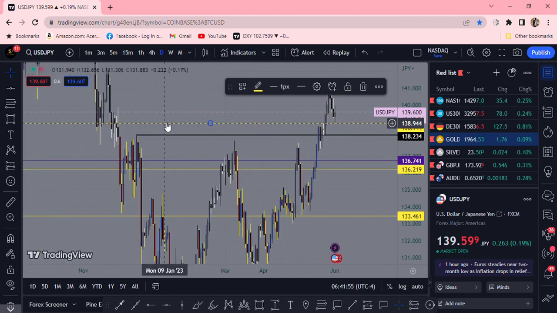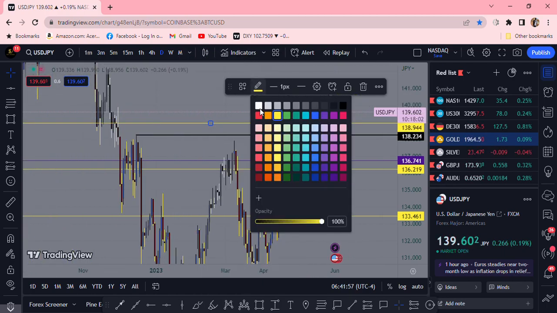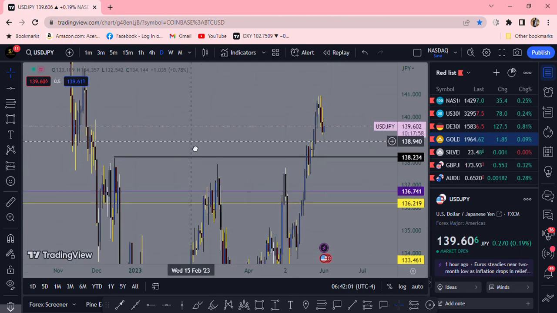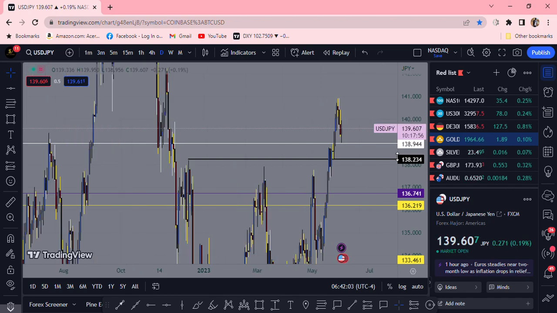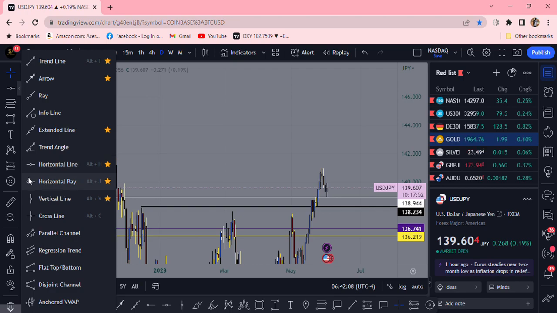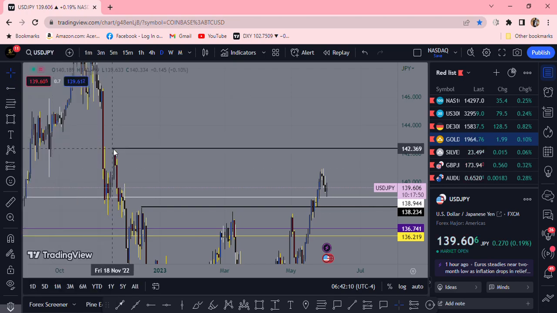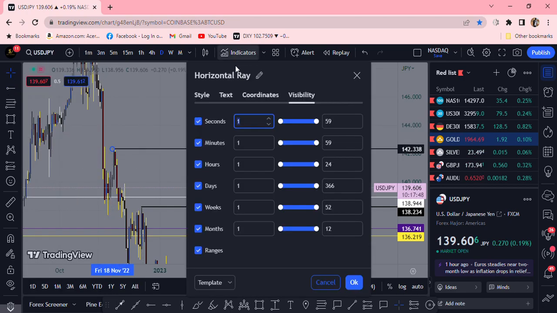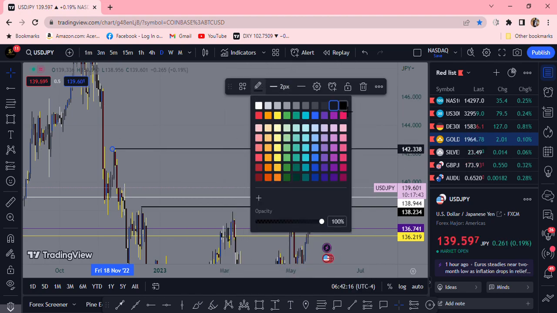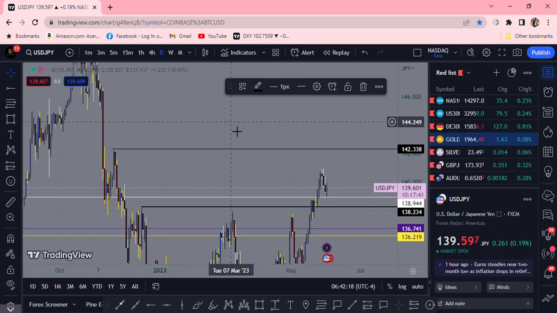We're on the daily, so I'll make this white. Oh my God. So the next liquidity is here.